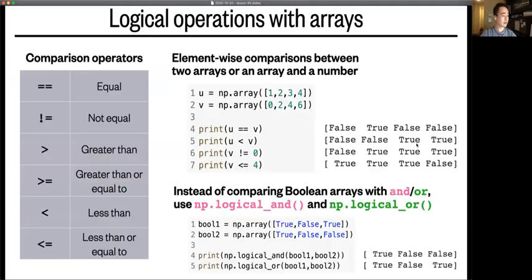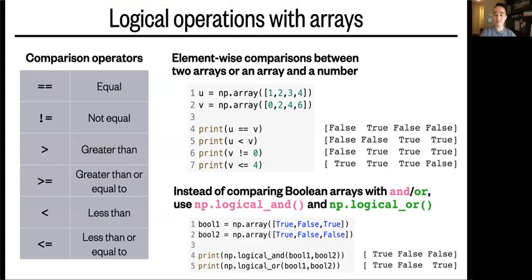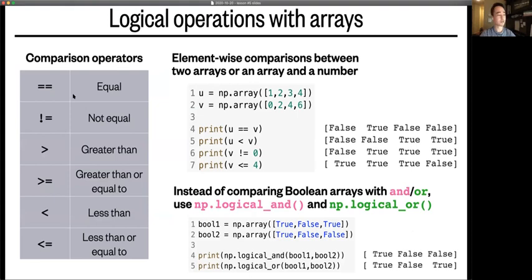Next thing. So guess what? You can also do element-wise logical comparisons using these familiar operators here. So here in this first example, you're comparing 2 arrays, checking which elements of those 2 arrays, U and V, are identical, which gives false, true, false, false, saying that only the elements at index 1 are identical, those elements being both the number 2.